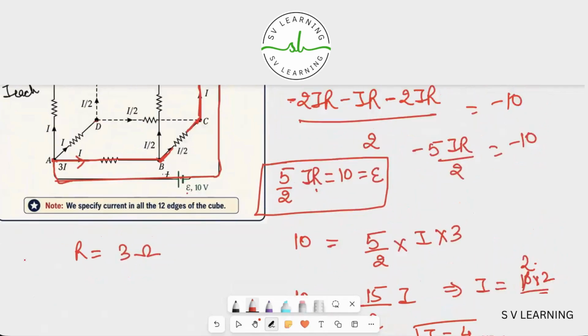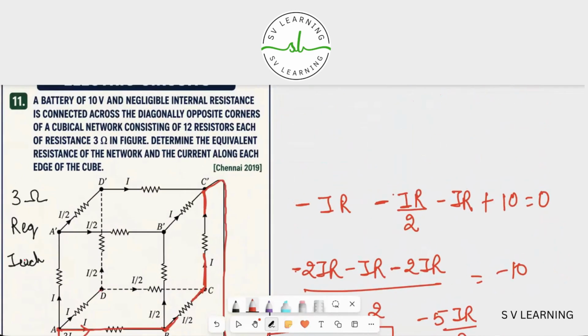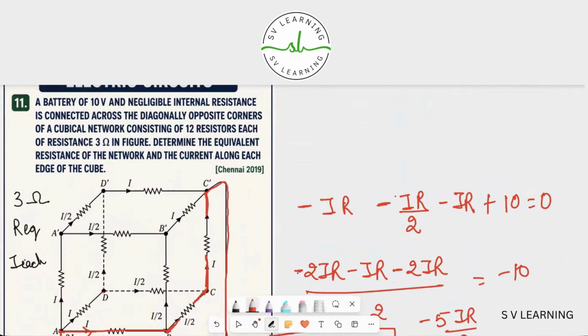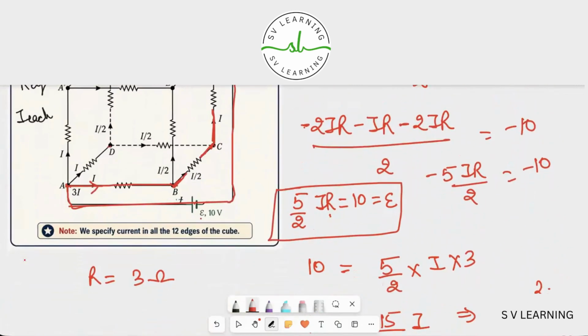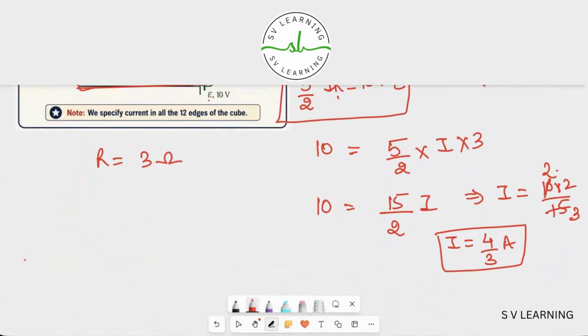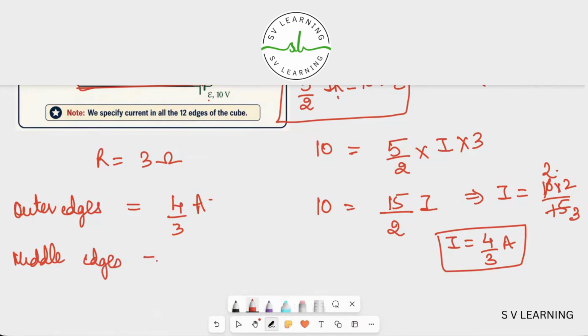That's what they are asking, right? Determine the equivalent resistance and the current across each edge of the cube. So we can say that the outer edges carry 4 by 3 amperes, and the middle edges, or you can say inner edges, carry 2 by 3 ampere.